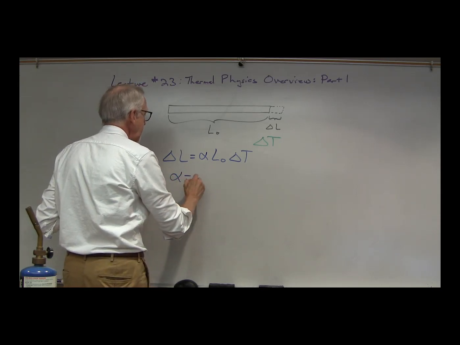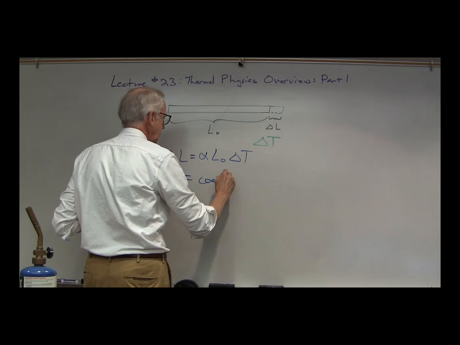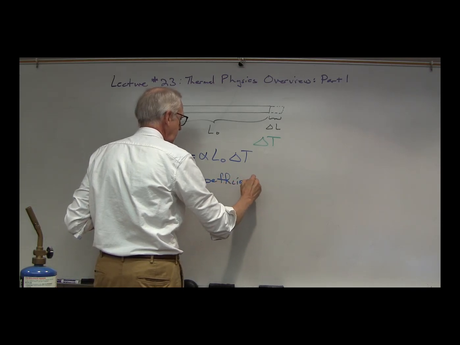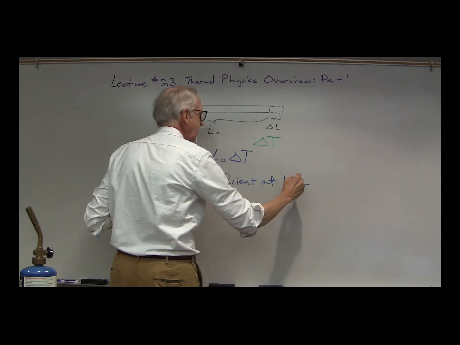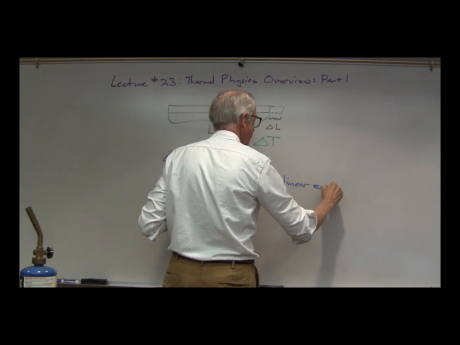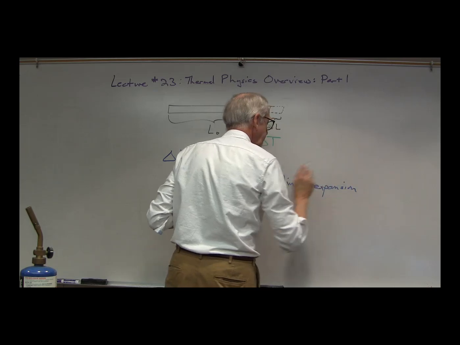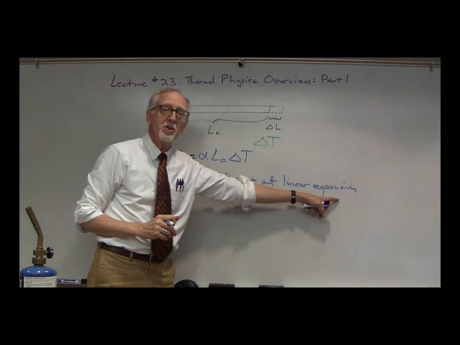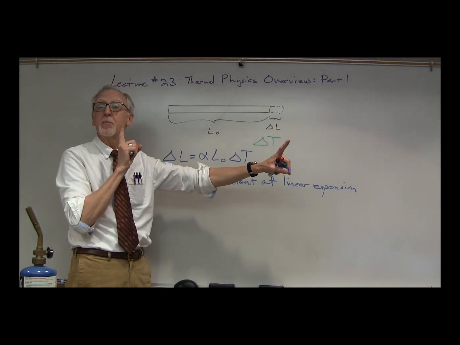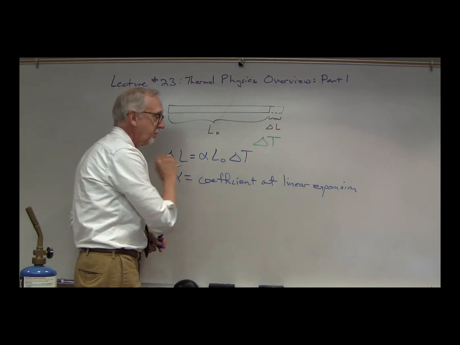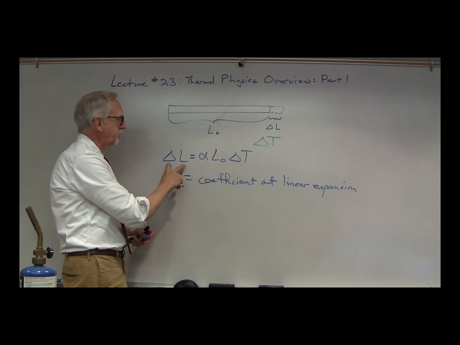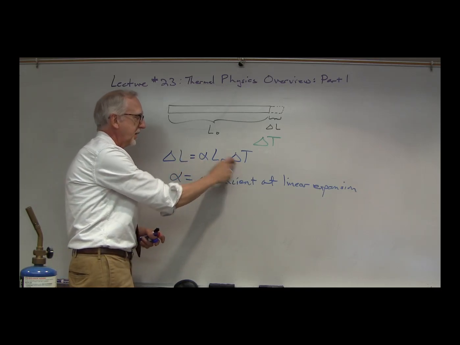And alpha is the coefficient of linear expansion. So linear expansion because we're only looking at the expansion in one line, in one dimension. So we get this very simple relationship. Delta L equals alpha L naught delta T.